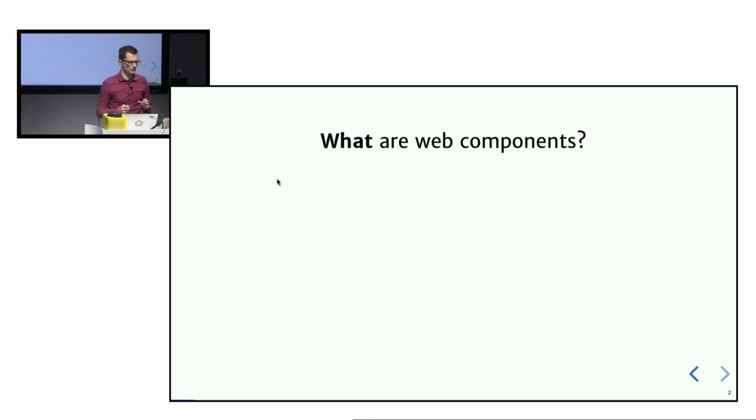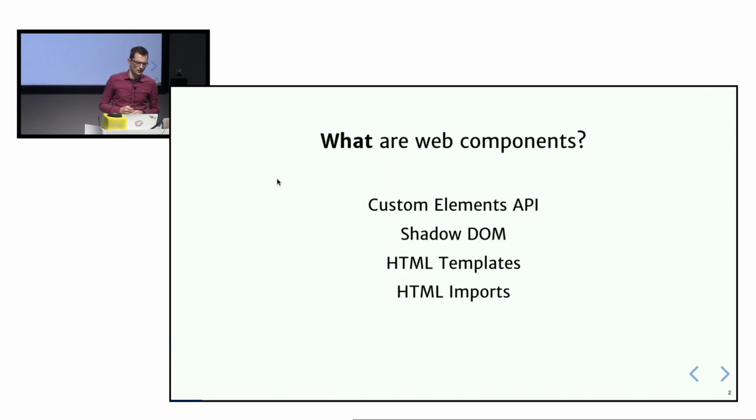It's not one thing that will be available in your web browser just like this. It's actually a group of specifications, APIs, that allow developers to extend HTML and create their own custom new elements.